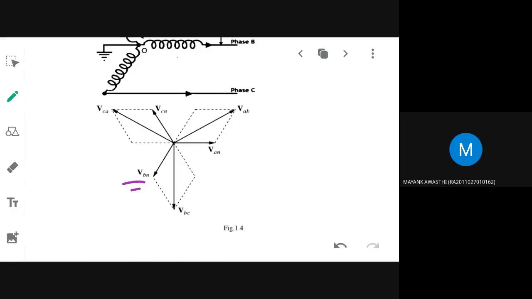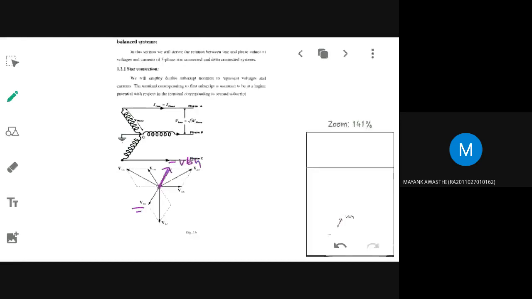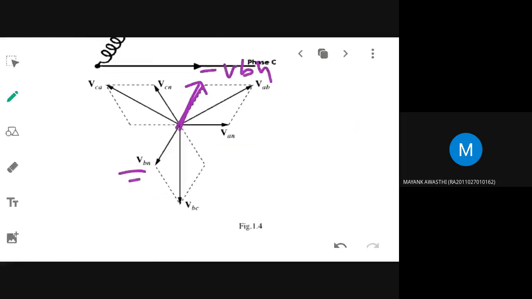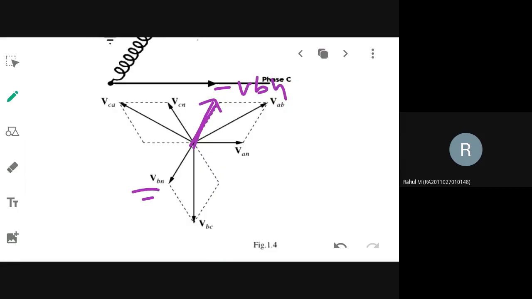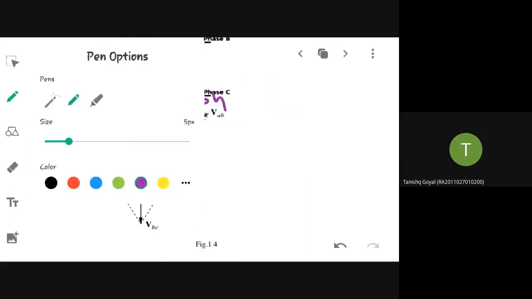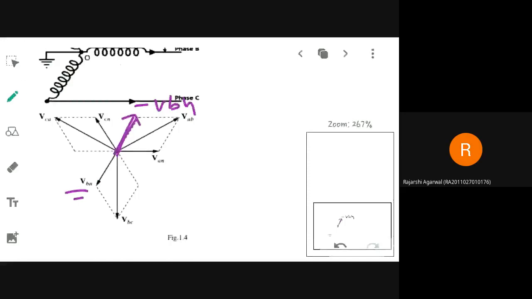Okay. So now it is showing up, marking. I am hoping. So VBN, the opposite vector, if I draw it, that will be minus VBN. Now I want to derive the formula for VAB by vector sum. Okay, are all able to grasp the concept or not? Yes, ma'am. So VAB is what I want.